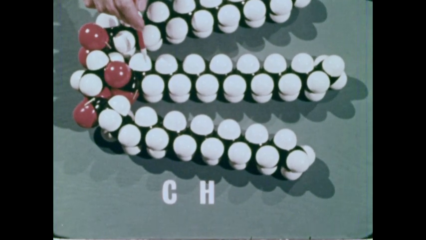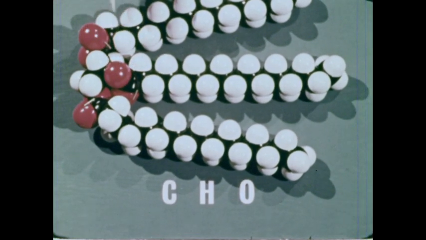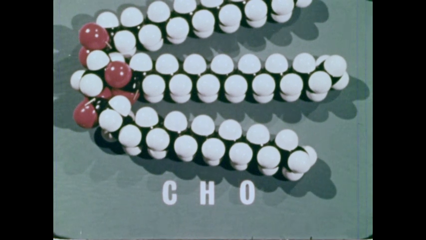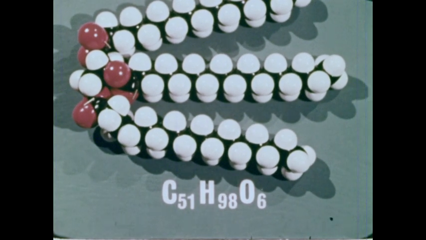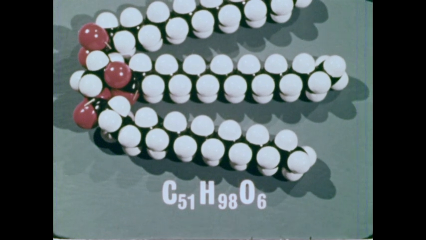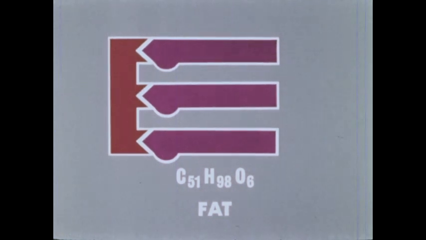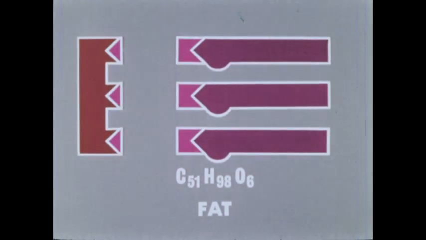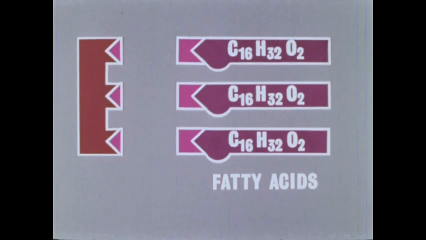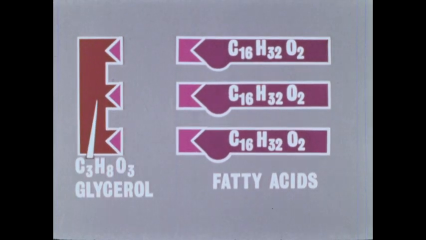Carbon, hydrogen, and oxygen atoms make up fat molecules. The chemical formula for this particular fat shows the large number of atoms combined in a fat molecule. Like other nutrient molecules, fats are also composed of smaller molecules. These are fatty acids and glycerol.